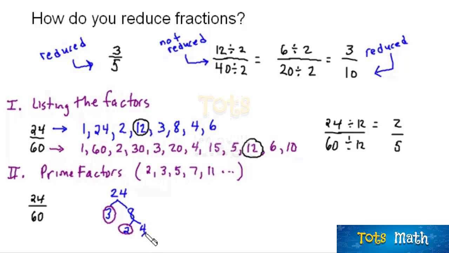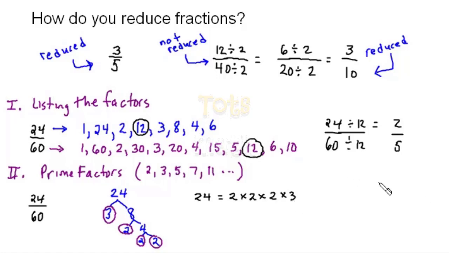So we can think of 4 as 2 times 2. And 2 is prime. So now we can write the prime factorization of 24. 24 is equal to 2 times 2 times 2 times 3.